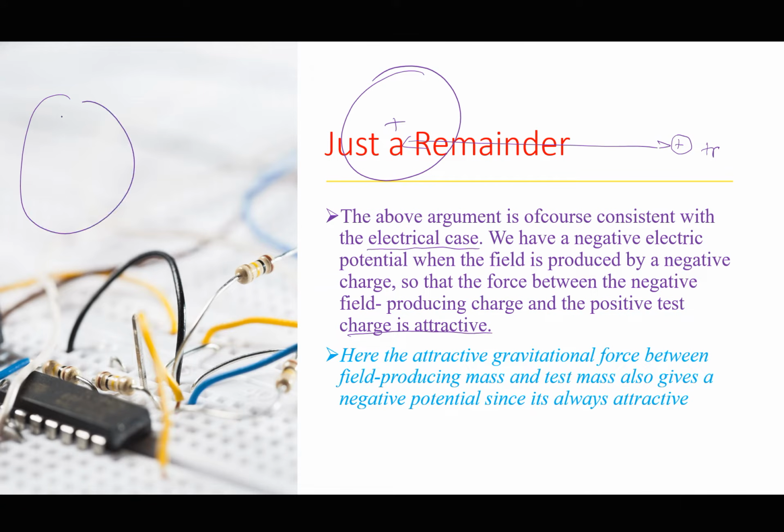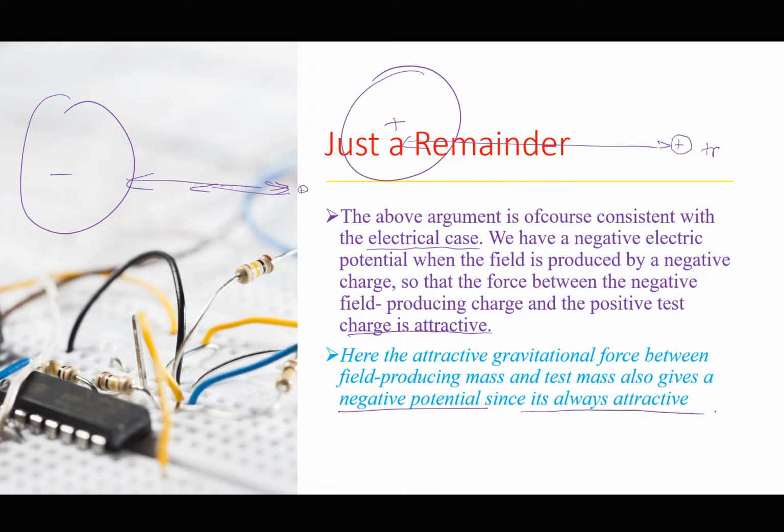When I have a large negative charge and I bring a positive charge, because the force between these two is attractive, I'm bringing it in the direction of the field. Therefore, the potential here is going to be negative. We shall see that in detail in electric fields. So here the attractive gravitational force between the field-producing mass and the test mass always gives negative potential, since the gravitational force is always attractive.